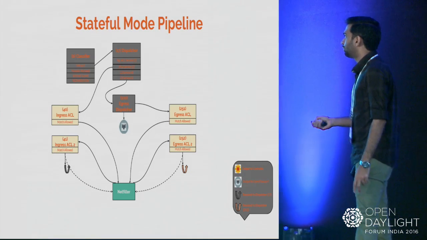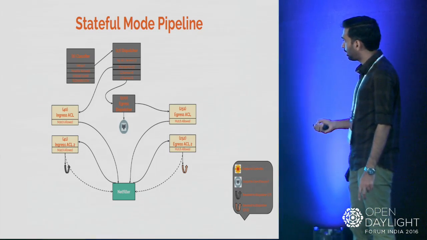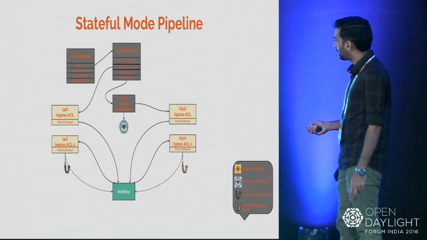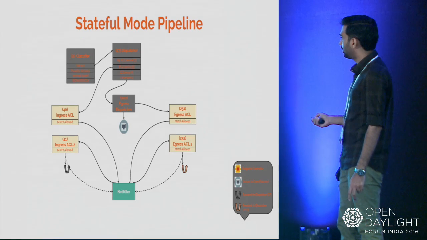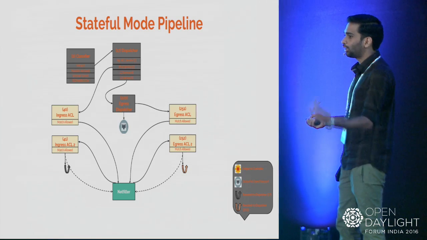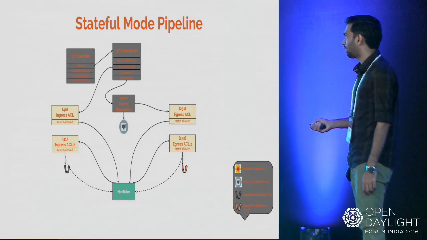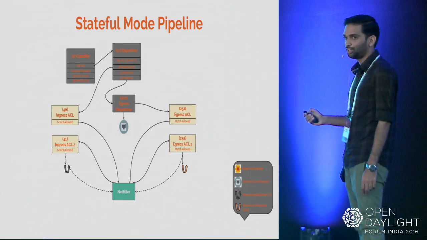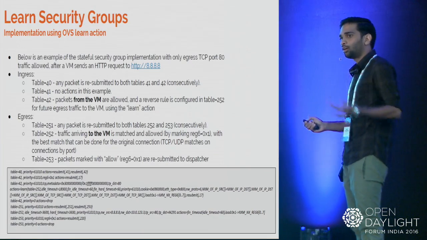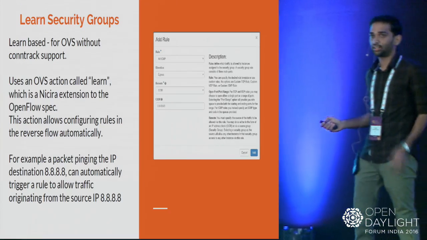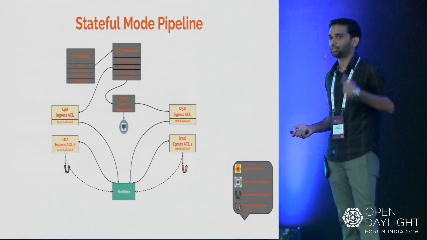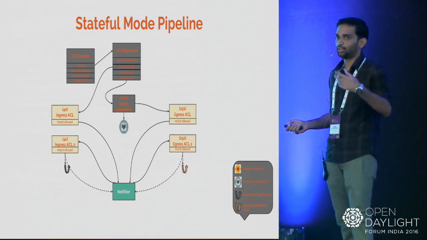So what does it do? If you are allowing traffic here, you will dynamically insert a rule in the other table to allow the return traffic. So if you are allowing traffic outside the VM, you will program a rule in the ingress pipeline to allow traffic inside.